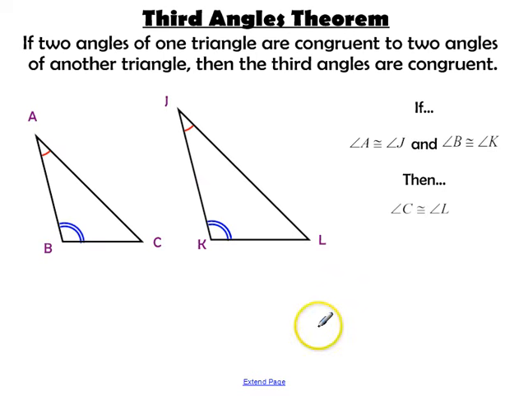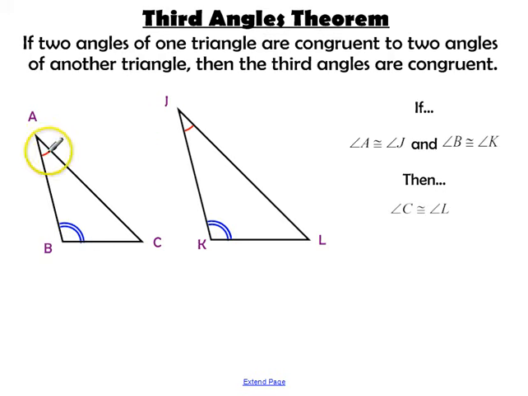Lastly, we just want to talk about a theorem called the third angles theorem. And it says if two angles of one triangle are congruent to two angles of another triangle, then the third angles are congruent. And what that's saying in this diagram is here we have two different triangles.